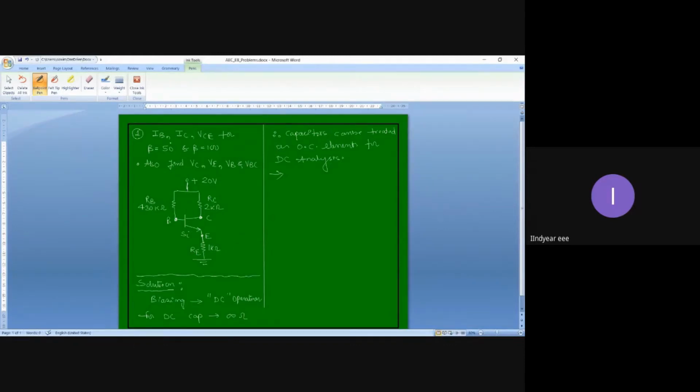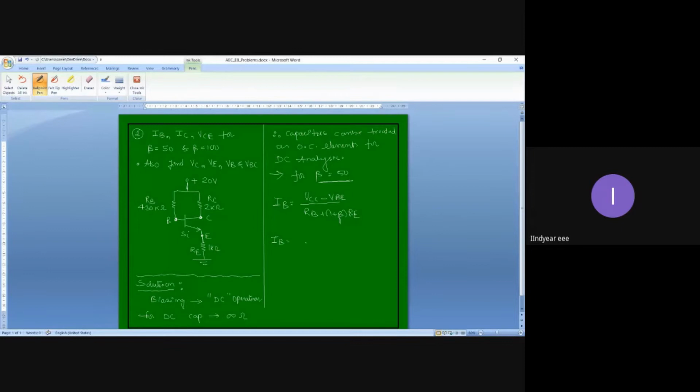Since you need to find the Q point for beta equal to 50 as well as beta equal to 100, we can take beta equal to 50 first, and calculate IB, IC and VCE. So let's calculate IB. IB for the emitter bias circuit is VCC minus VBE divided by RB plus 1 plus beta times RE.